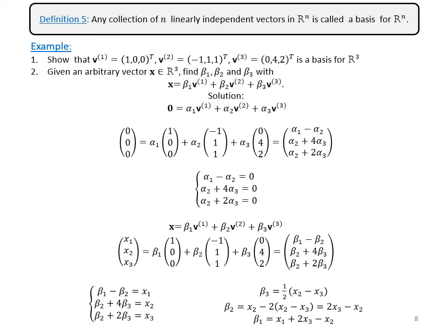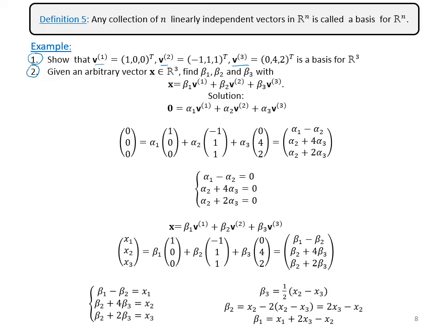The next definition is the following. Any collection of n linearly independent vectors in n-dimensional real-valued space is called a basis for this space. Let me provide you an example. Question number 1. Show that v1, v2 and v3 is a basis for three-dimensional space.